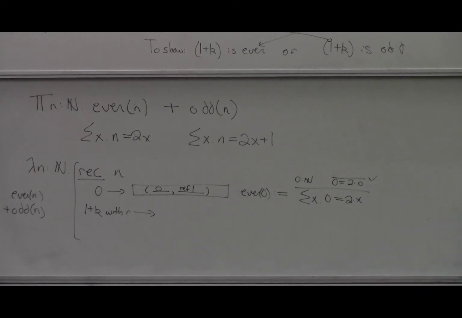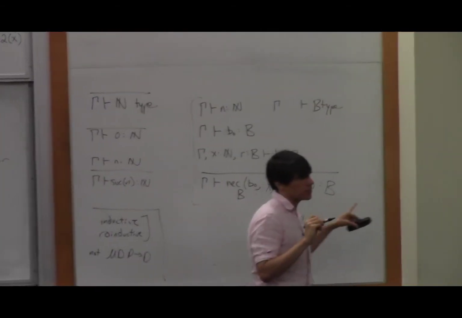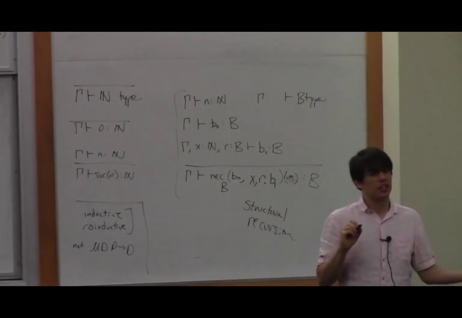Because we can imagine, well, when you define the doubling function by induction on numbers, double of 0 is just 0 by reduction.